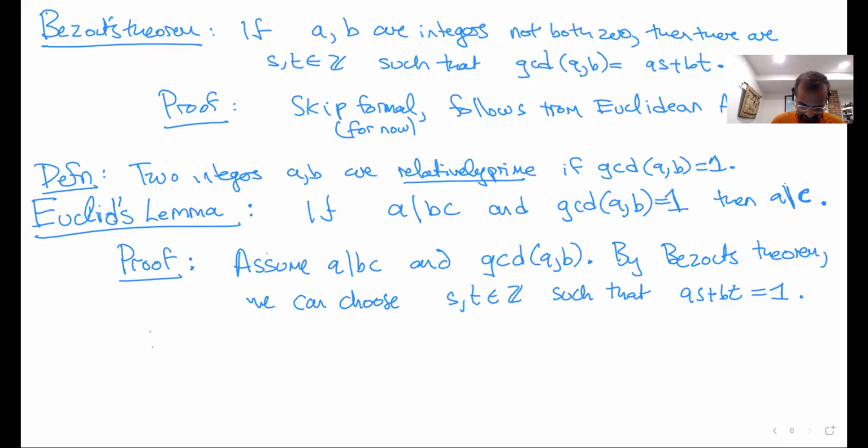Okay. So as plus bt is 1. Now my goal is to show that A divides C. So I'm going to do this really sneaky thing. I'm going to say observe that C is equal to C times 1, which is equal to C times (AS plus BT), which is equal to CAS plus CBT.